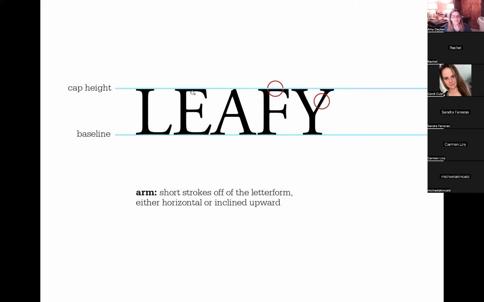This top one of the E has an arm. Let's go down here on this part of the E, and it also has a leg. A leg is a short stroke off the letter form, either at the bottom or inclined downward. So the E and the L have legs.